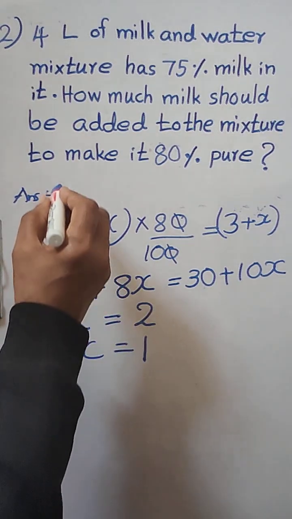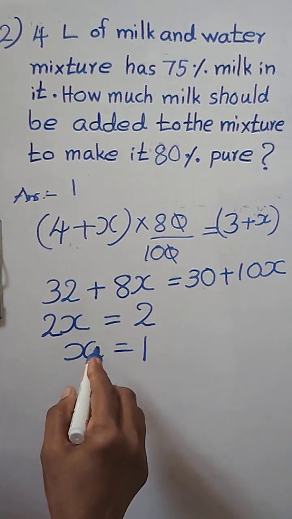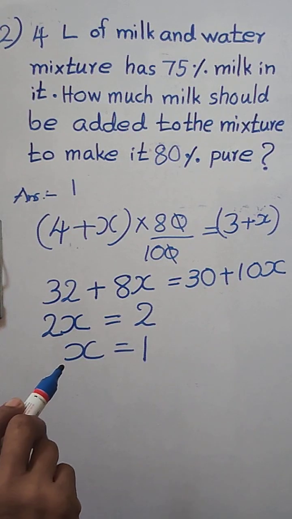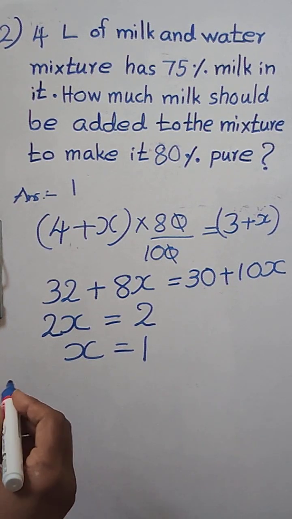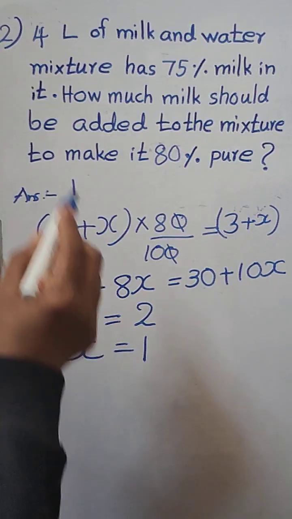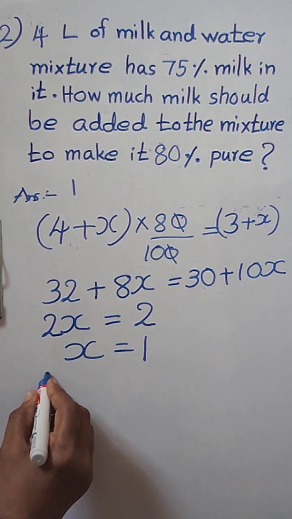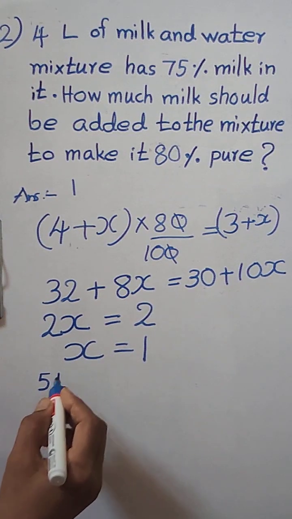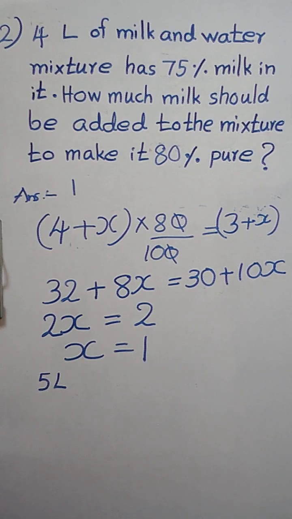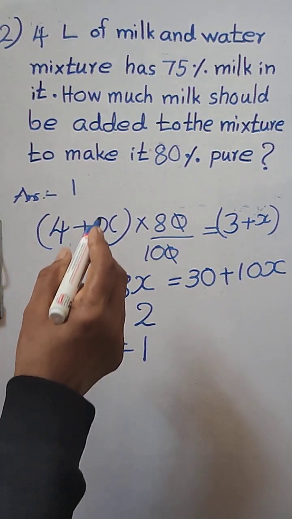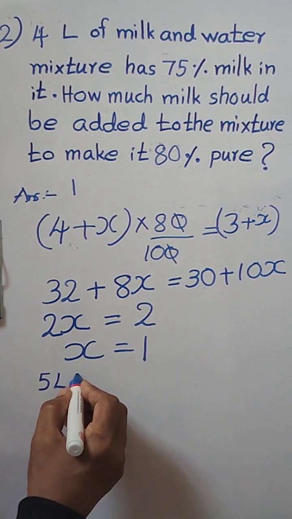Here the answer is 1. Value of x is 1. Now let us check this. If we add 1 liter, the total amount will be 5 liter. So what is 80% of 5?